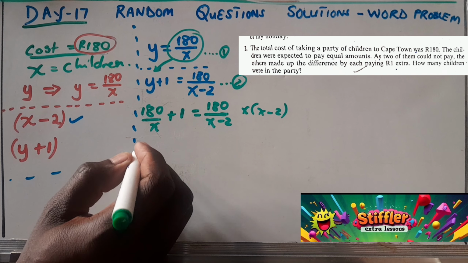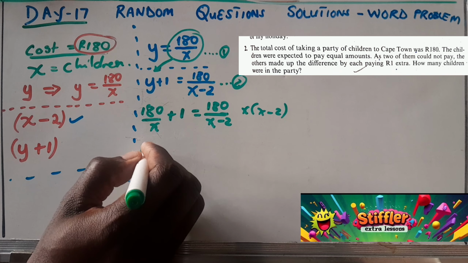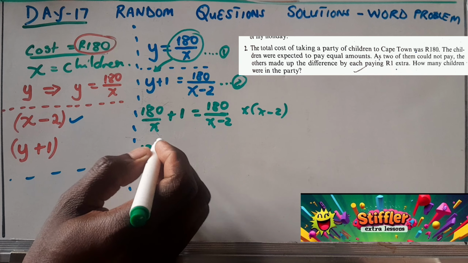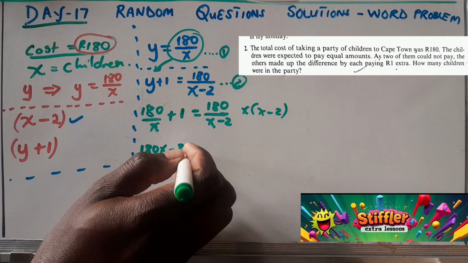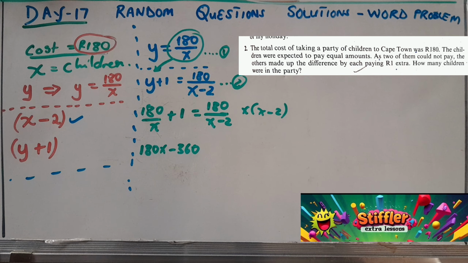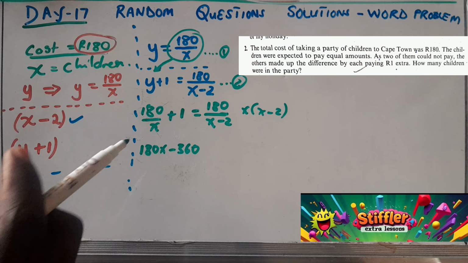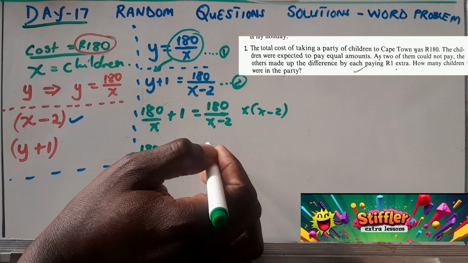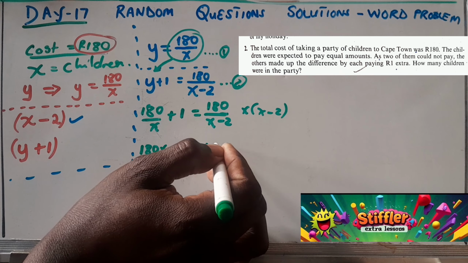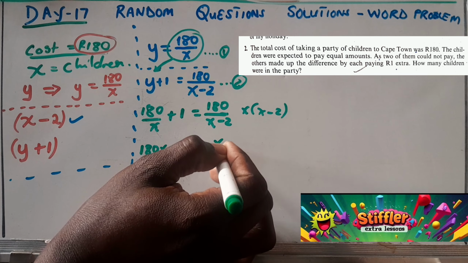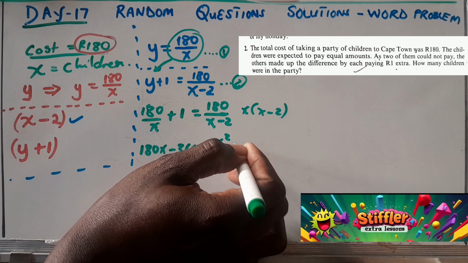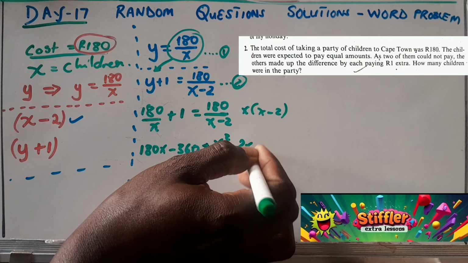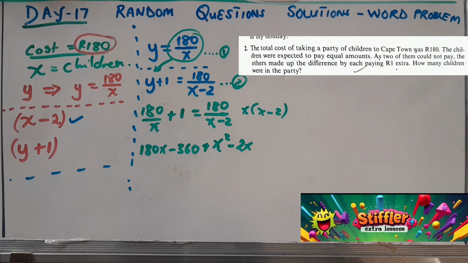This term, if you multiply by that, would be 180x minus 360. That is that term, right? And then if we check this term, if we multiply by that, that will be plus x squared minus 2x.